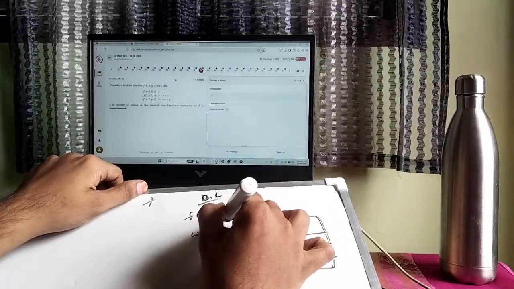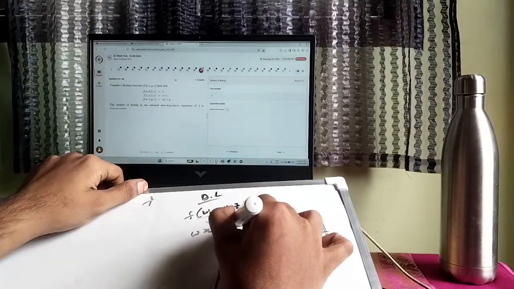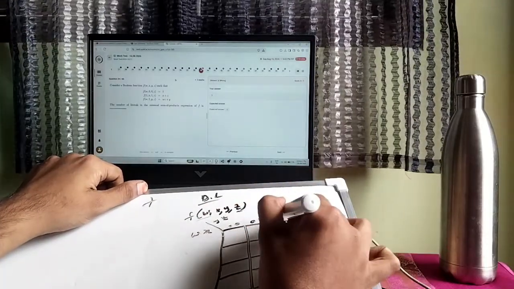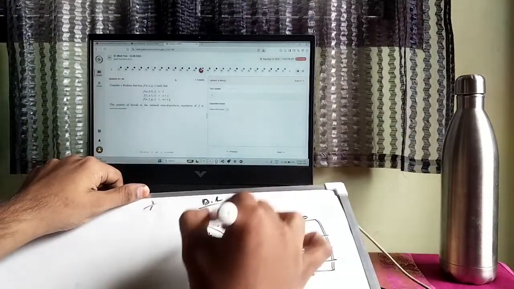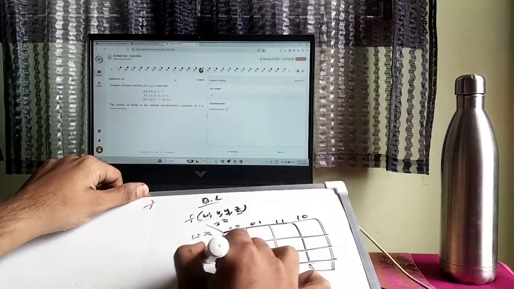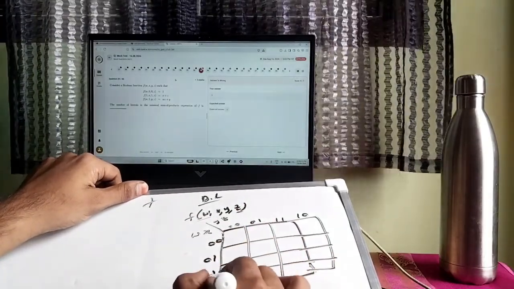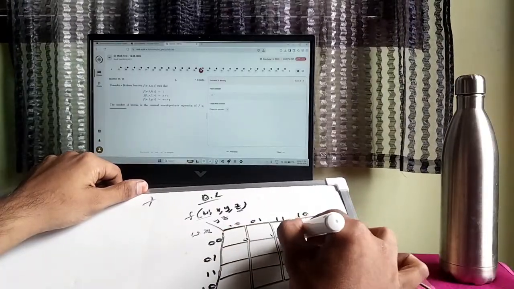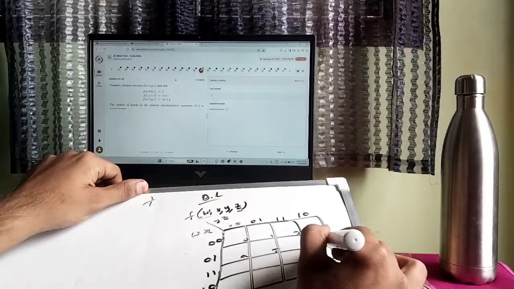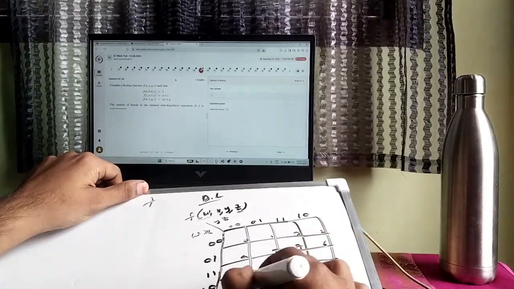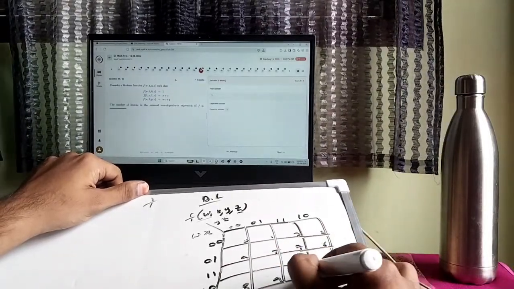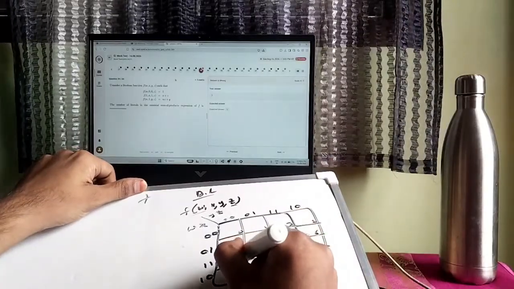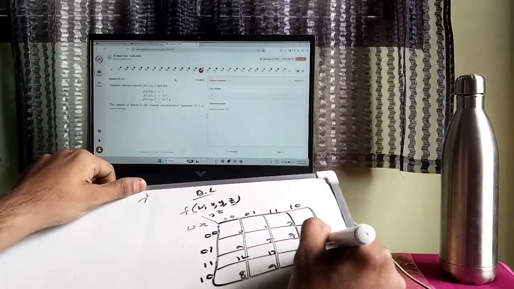If you consider YZ here, it will be 0 0, 0 1, 1 1, 1 0. Here it should be 0 0, 0 1, 1 1, 1 0. Here we have 0 1 2 3, 4 5 6 7, then 8 9 10 and 11, 12 13 14 and 15.